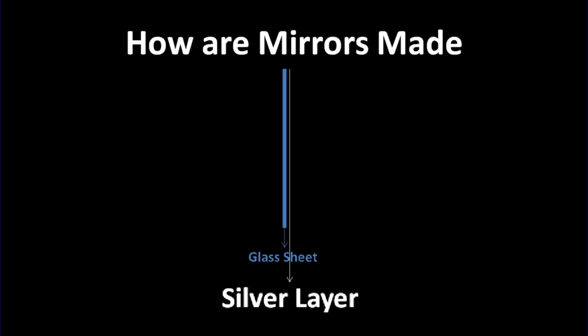Silver is an extremely good reflector of light. But silver, due to exposure to moisture and oxygen, becomes black. To avoid this, we apply a layer of paint.